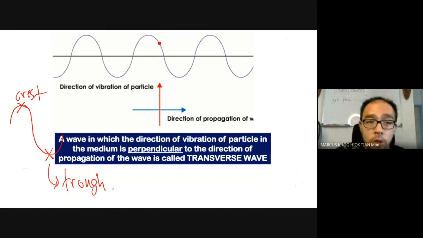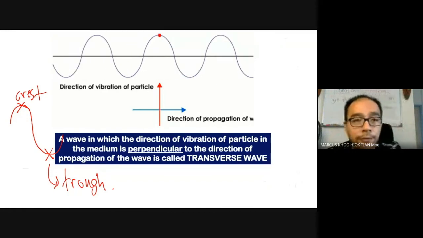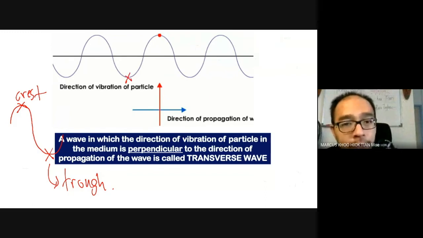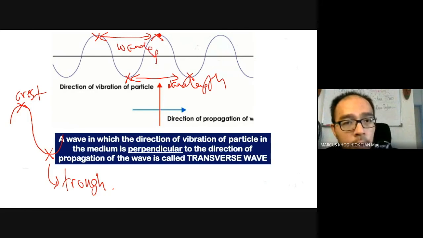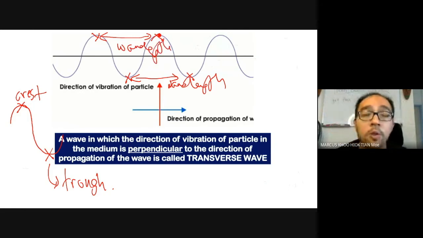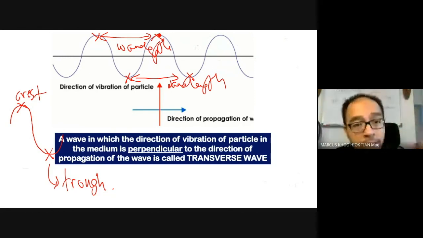For a transverse wave, the wavelength is the distance between two troughs or two crests. So the wavelength is the distance between two compressions or two rarefactions in a longitudinal wave, but for a transverse wave, it is two crests or two troughs.